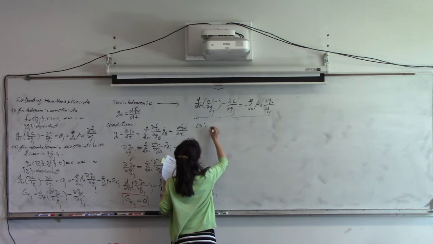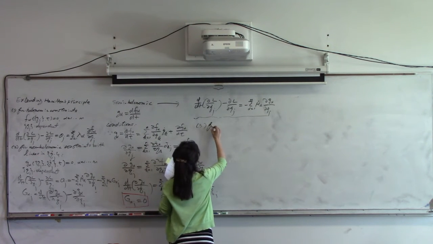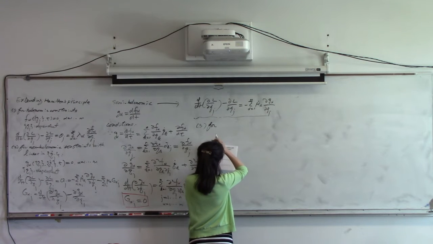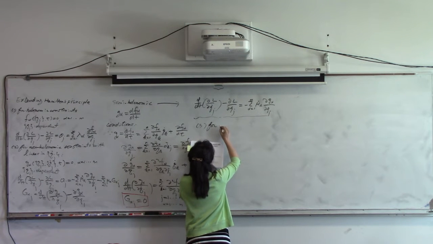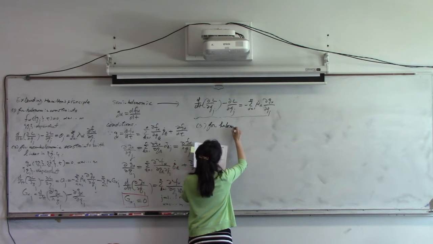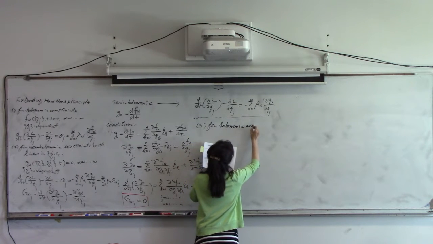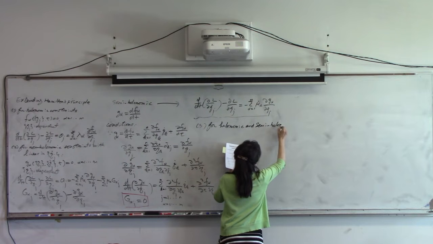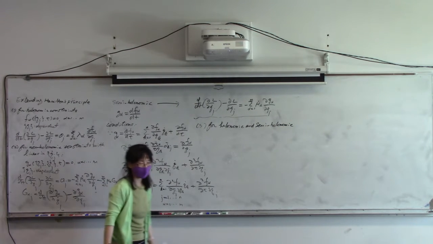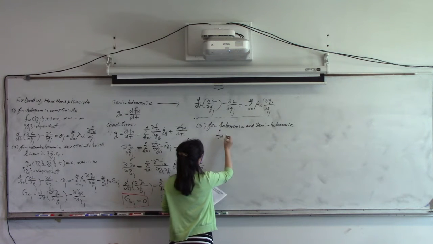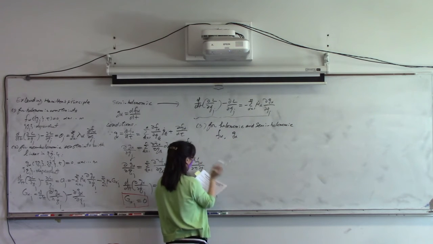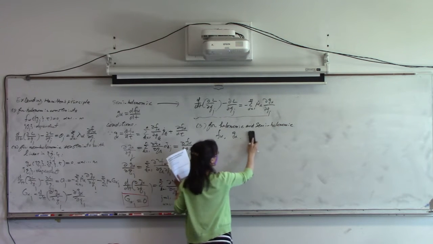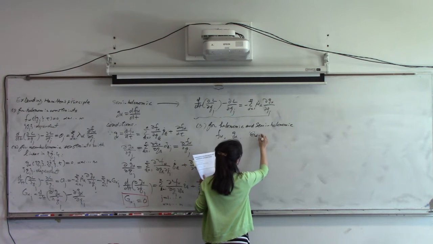Now, let's consider the case where we have both holonomic and semi-holonomic constraints together. So in this case, we have f alpha, we have G alpha, and since we already said this semi-holonomic condition, I'm going to give this condition here also equal to 0.